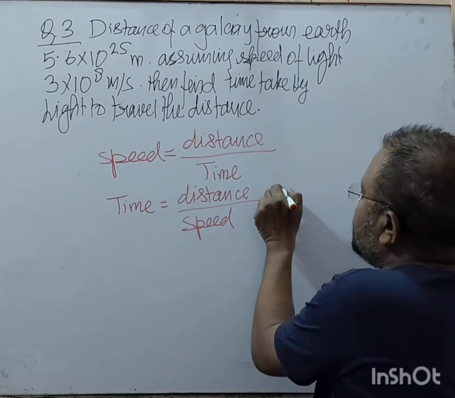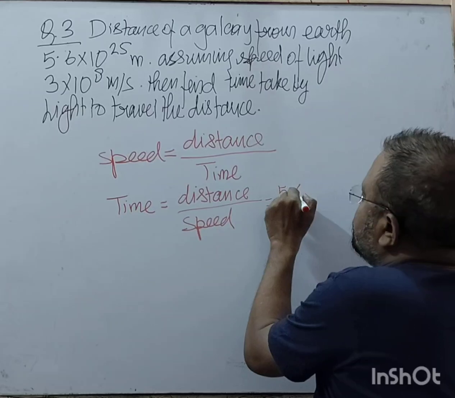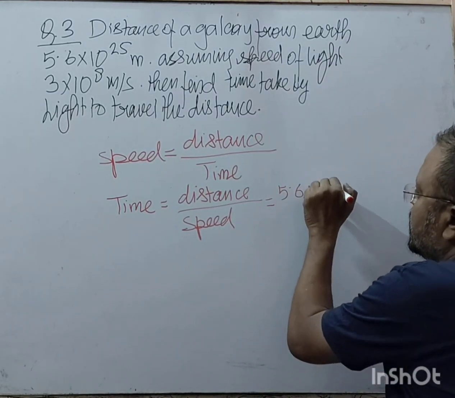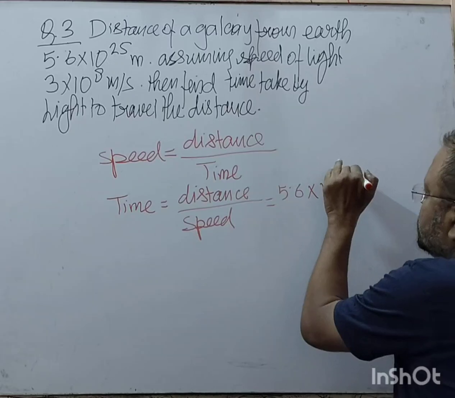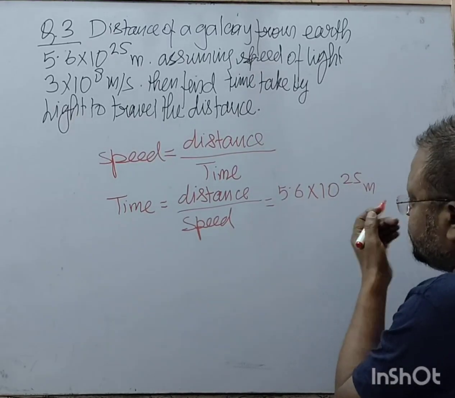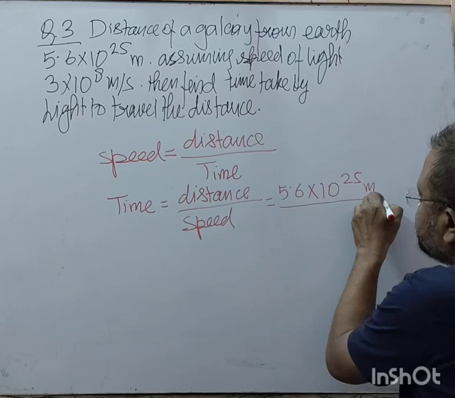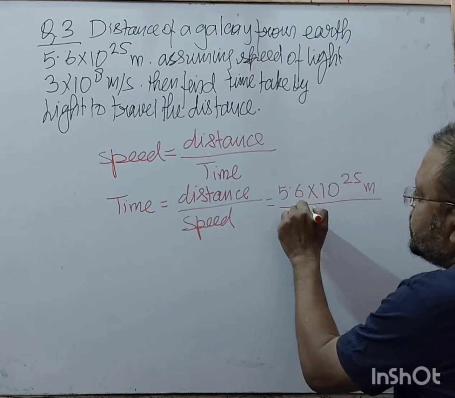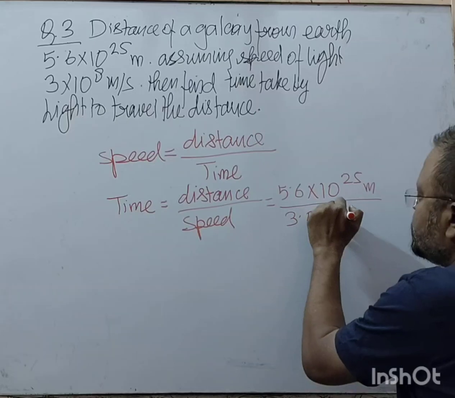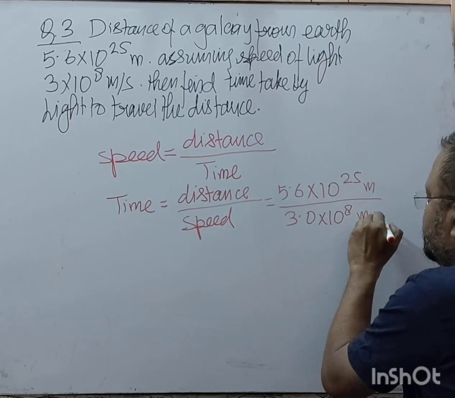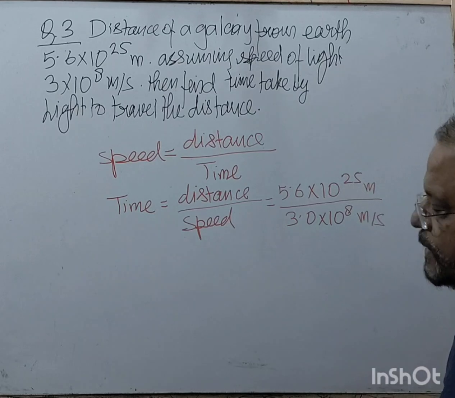Distance is 5.6 into 10 raised to the power 25 meter, and speed is 3.0 into 10 raised to the power 8 meter per second, right?